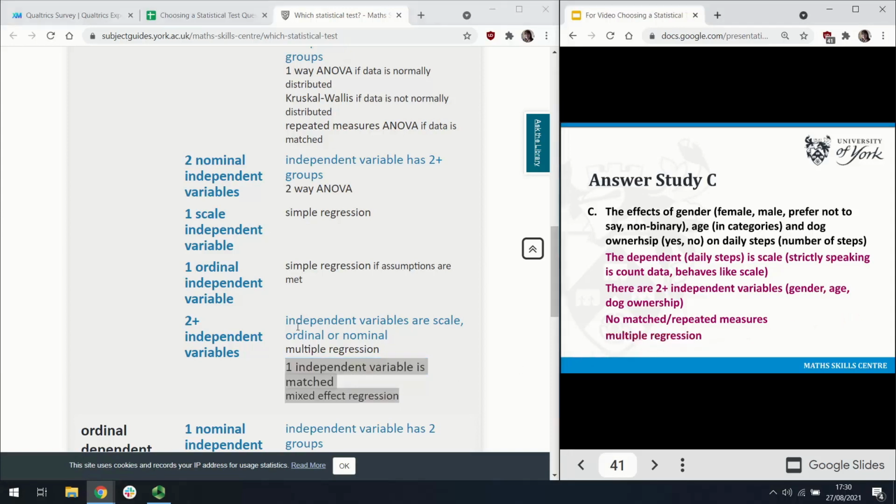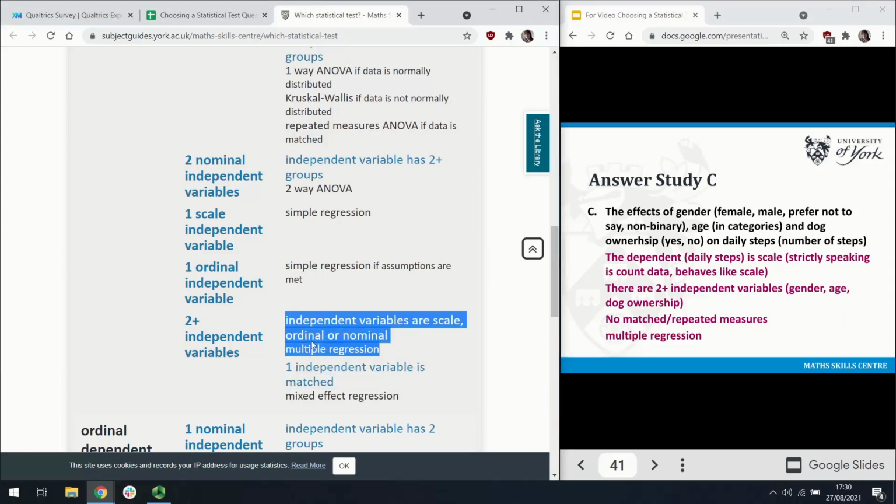So in this case, this is where we want to go. Our independent variables can be scale, ordinal, or nominal, it doesn't matter. Multiple regression is really good at coping with different types of data in the independent variable. So for that one, a good suggested stats test is multiple regression.